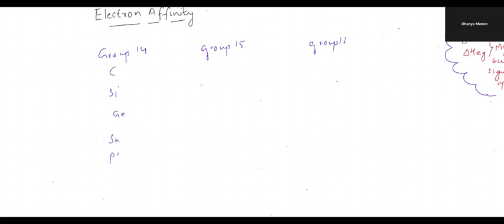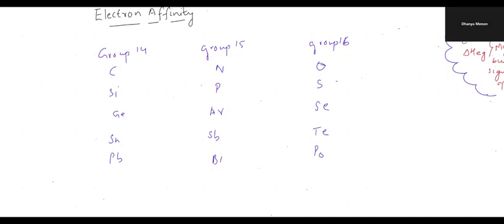Group 15, I have nitrogen, phosphorus, arsenic, antimony, bismuth. Group 16, I have oxygen, sulfur, selenium, tellurium, and polonium. Polonium is radioactive, so I won't include it in the order, I've just written it.